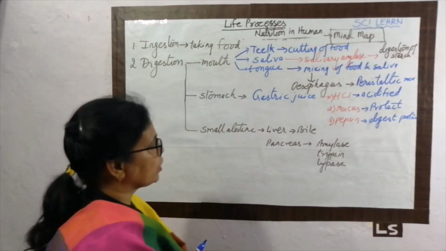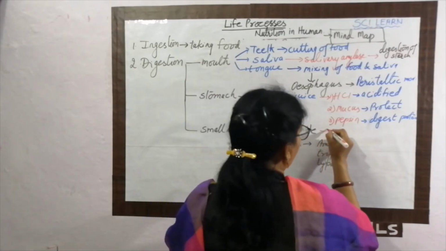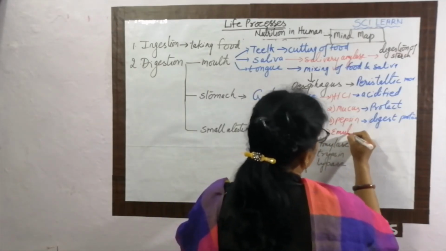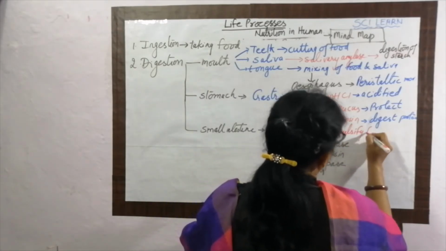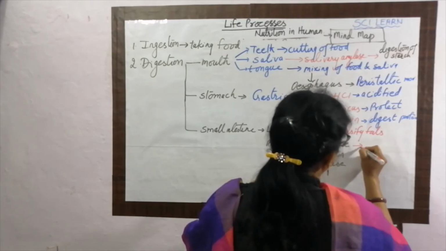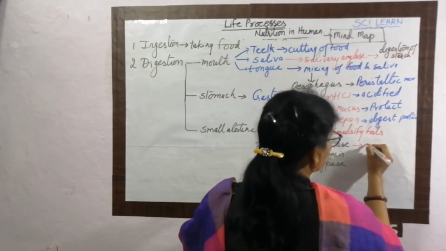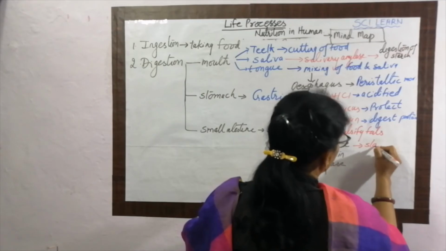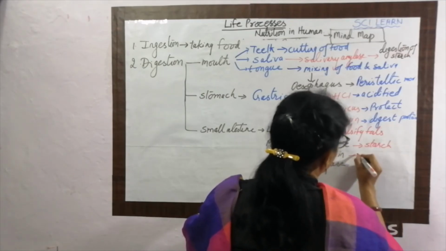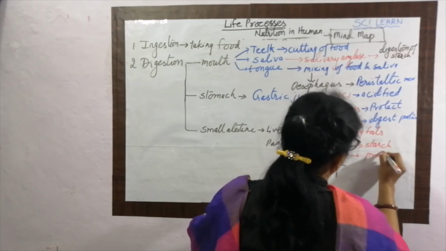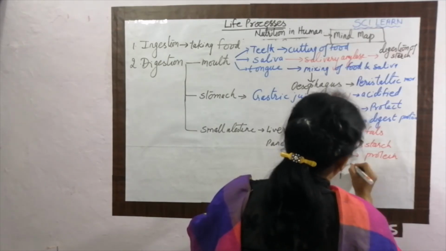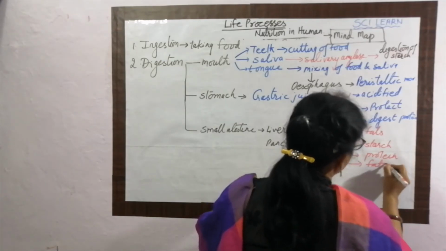Okay. Now what is the role of the bile? Emulsify fat. Amylase digests starch. Trypsin digests protein. Lipase digests fat.